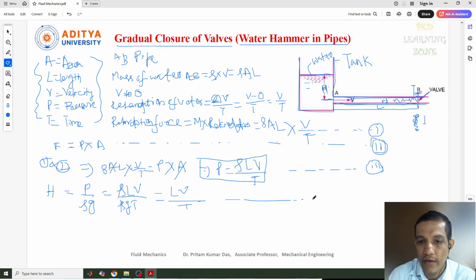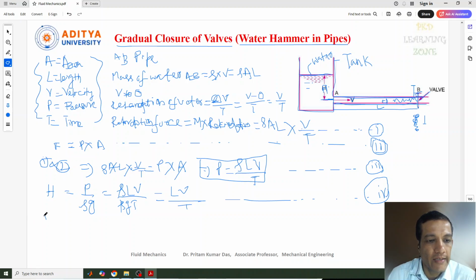This is another equation, we can mark it here. So this is the head of pressure. Now head of pressure means what? At this position, what is the pressure head? Pressure head equals the intensity of pressure with respect to the specific weight W, that is rho g.